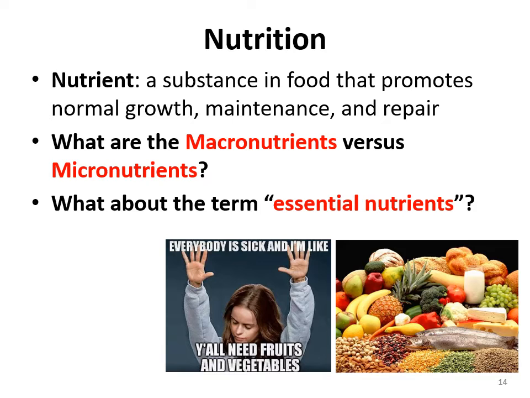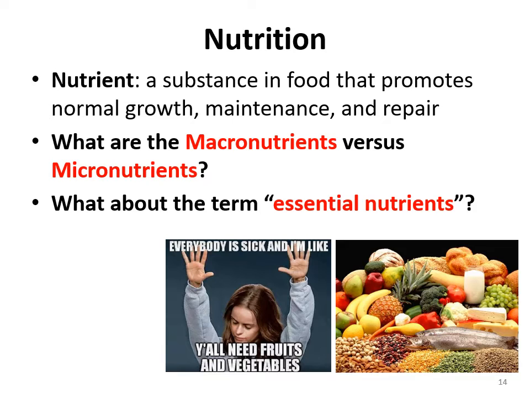There are 6 main classes of nutrients. There are the ones that are included as macronutrients, and when you see macro, that means large, so you want to consume these nutrients in relatively large quantities. So the 4 that are included as macronutrients are water, carbohydrates, lipids, and proteins.